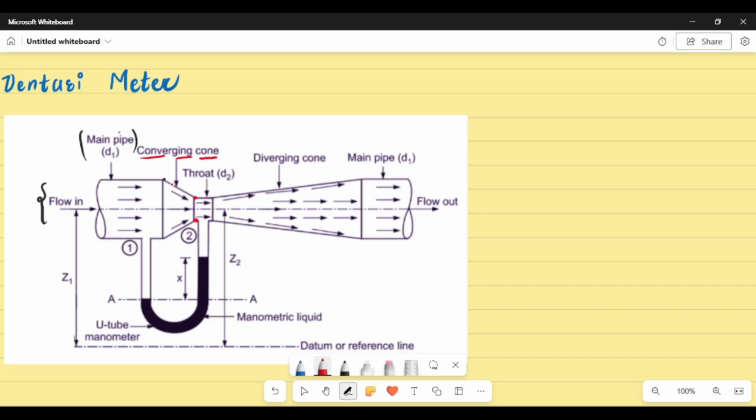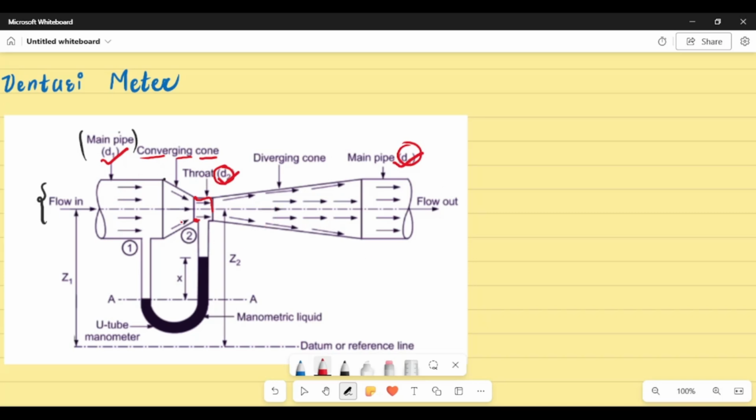You have the converging cone here, and then we have the small throat section over here, which has the small diameter d2. Then we have the diverging cone, and then the same diameter of the pipe is reached again. So we have initial diameter d1, final diameter d1, and we reach the diameter d2 in the middle by the converging effect.